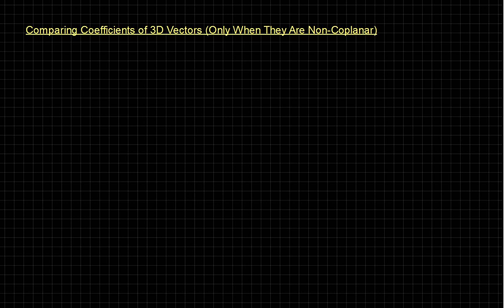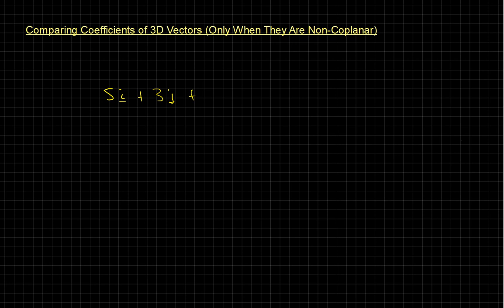Let's say I told you I've got the vector 5i plus 3j plus 2k, and I said it's the same as another vector, 5i plus 3j plus some unknown, let's call it little a, k. This seems unbelievably obvious. What's the value of a? It's going to be 2.